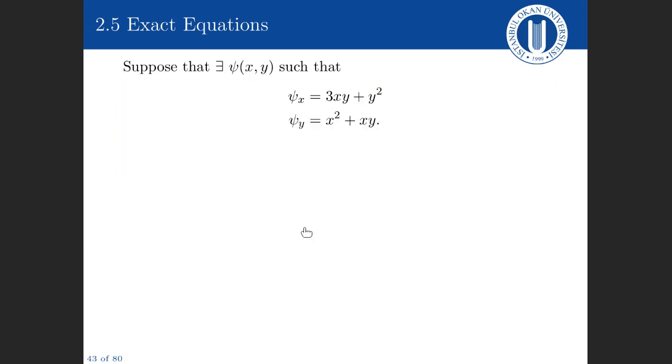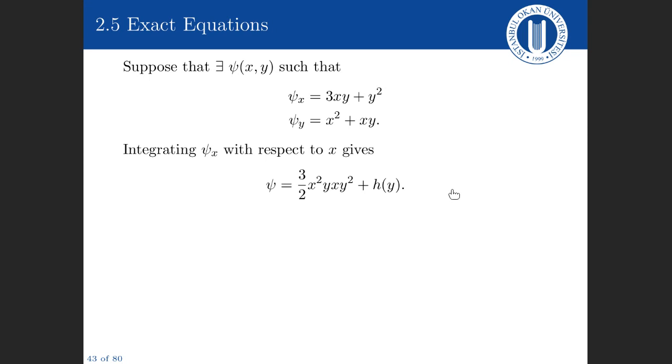So let's suppose we're trying this method anyway. Let's suppose that this function psi does exist. We know from the theorem that the equation is not exact, so we know that in fact it does not exist. But let's just suppose we try to find it. Choose the first equation and integrate with respect to x.